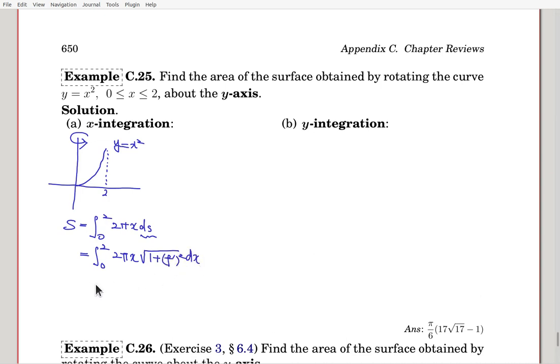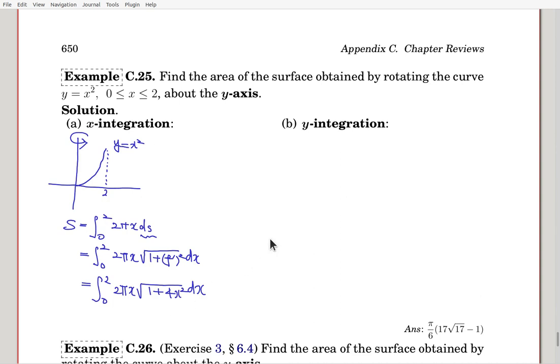That is the same as the integral from 0 to 2 of 2 pi x times the square root of 1 plus 4x squared dx, since y equals x squared is f of x and f prime is 2x. From this one, you can get the integration quite easily.